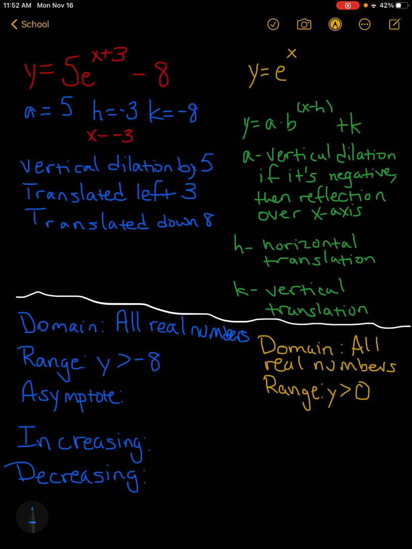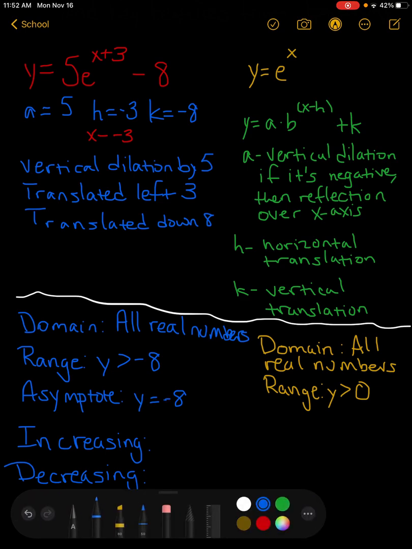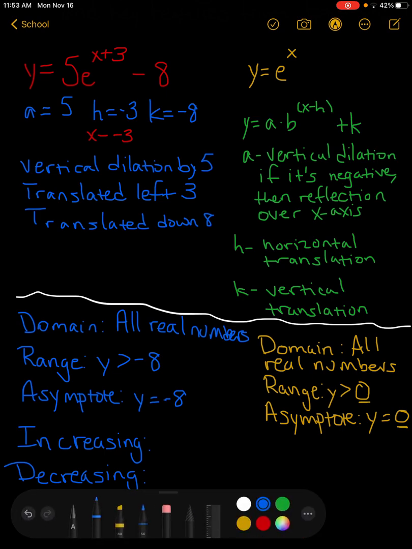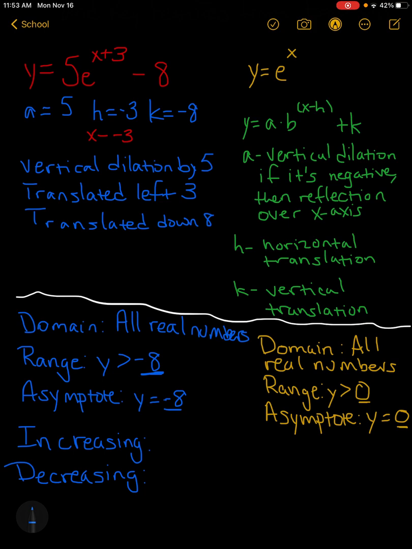Because k is going to move me up and down, so the fact that it moves down 8 tells me that my asymptote of y equals 0 has now been moved down to y equals negative 8. And by moving my asymptote down to y equals negative 8, that has now changed my range to be y greater than negative 8. So the range and the asymptote always go hand in hand. This is always true for exponentials. Notice how I have 0 and 0, negative 8 and negative 8. Okay, they always go hand in hand.